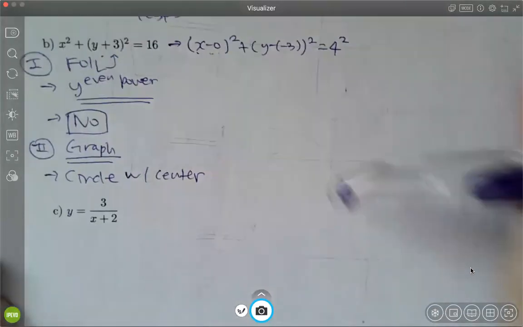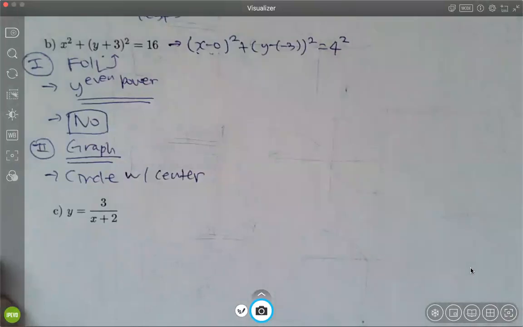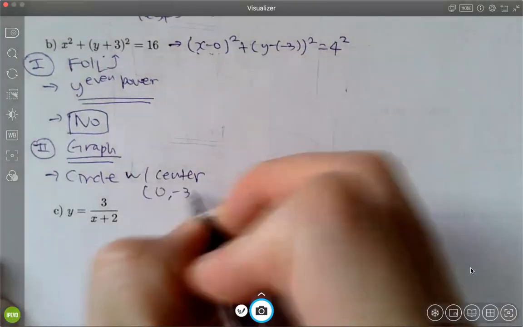What's the center of this circle? 0, -3.